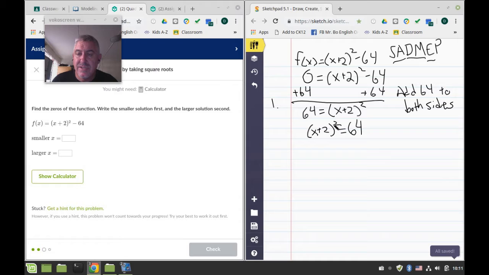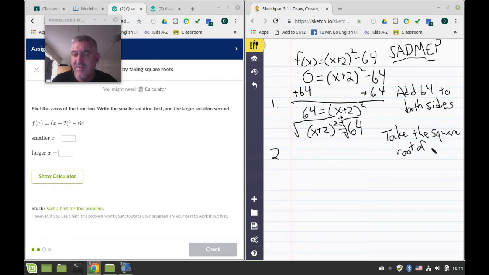My next one is exponents, so I want to take the square root of both sides, so my step number 2 is take the square root of both sides, and I end up with x plus 2 is equal to the positive square root, which is 8, or x plus 2 is the negative square root, which is negative 8.